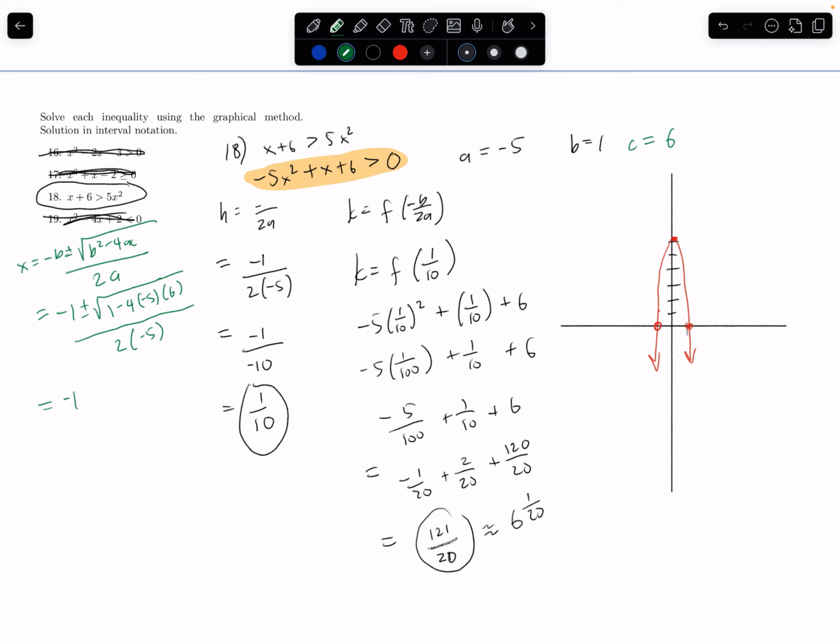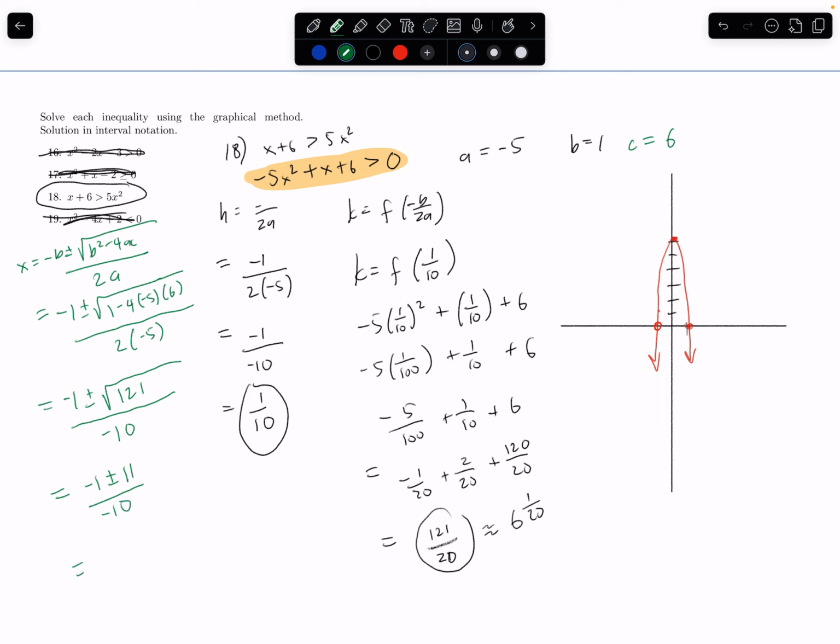Okay, so that's negative 1 plus or minus the square root of negative 4 times negative 5, which is positive 20, times 6 is 120, and then plus 1 is 121, which is a perfect square. That's why it's nice. The bottom is negative 10, so that's negative 1 plus or minus 11 over negative 10.